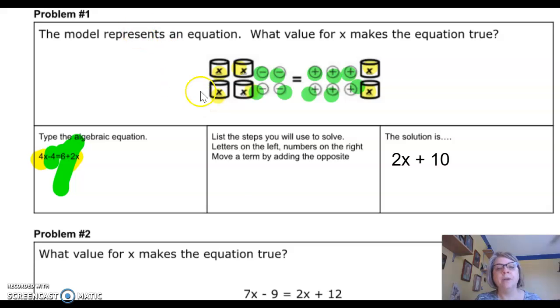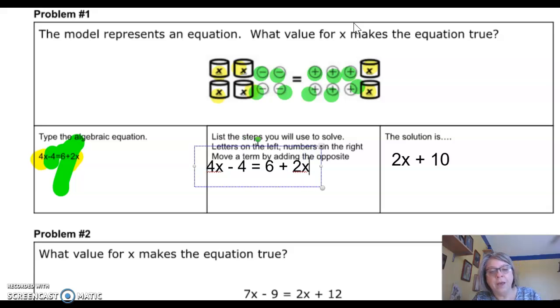Now what I'm going to do is type that a little bit bigger over here. And not that big. Okay, 4x plus minus 4 equals 6 plus 2x. Okay, so there I have it a little bigger. Let's move this so you can see it.